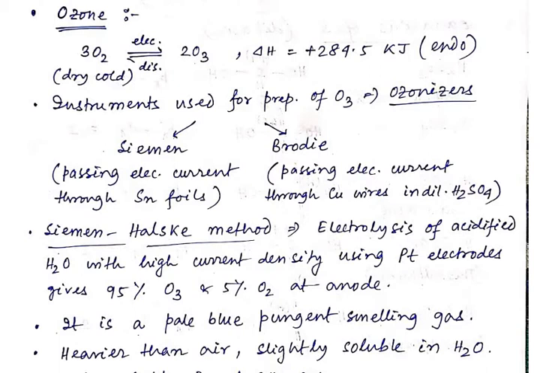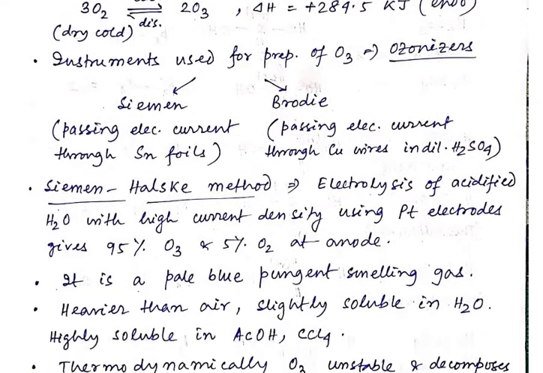In case of the Siemens ozonizer, we pass the electric current through tin foils, means Sn foils, and in case of the Brodie ozonizer, we pass the electric discharge through the copper wax in dilute H2SO4. So these are the main two differences in case of the ozonizers.